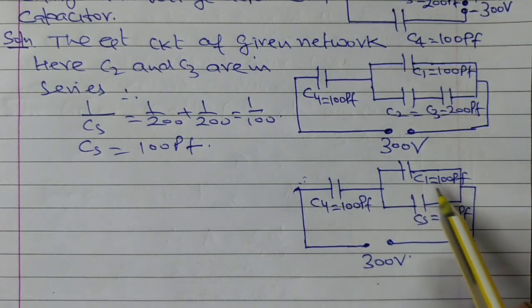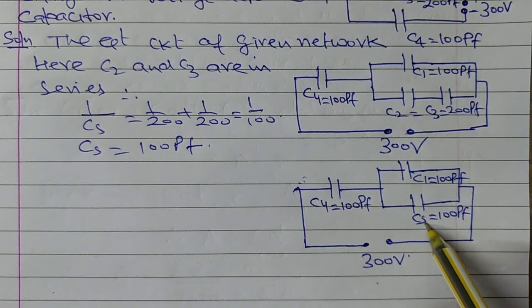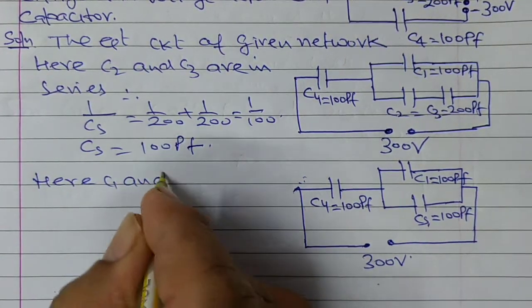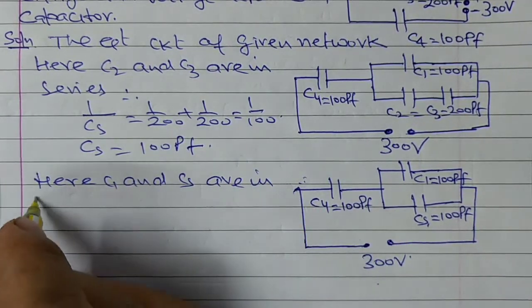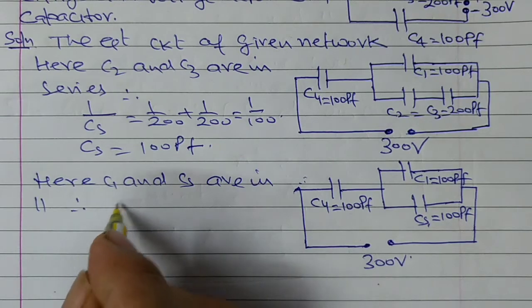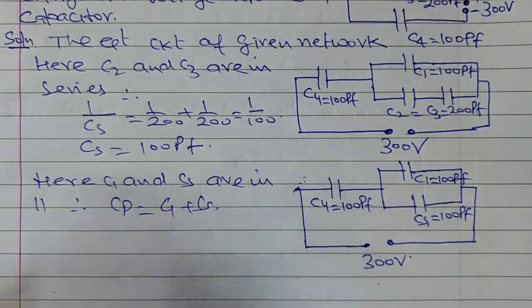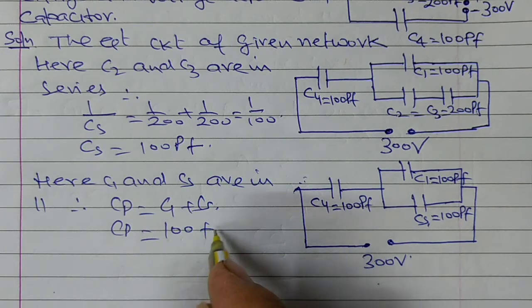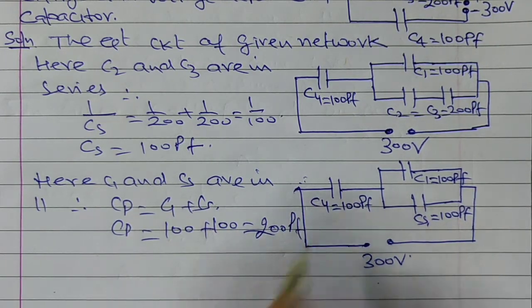Now, from here it is clear that this C1 and Cs are in parallel. Therefore, Cp is equal to C1 plus Cs, and this Cp is equal to C1 is 100 and this is also 100. Therefore, this is 200 picofarad.